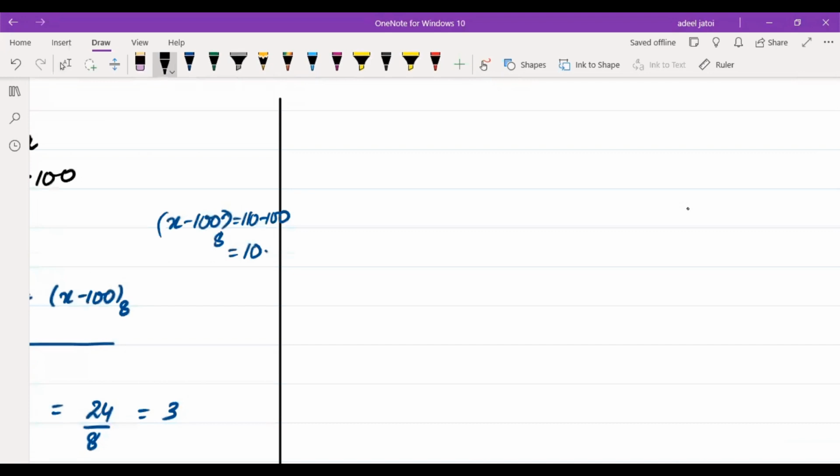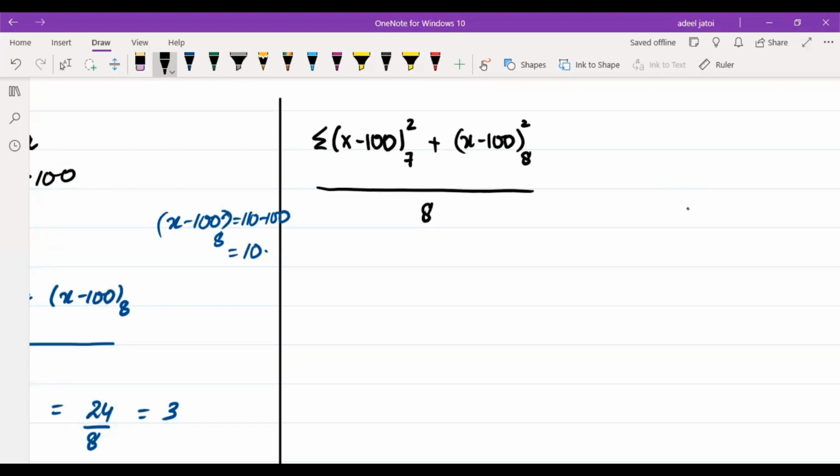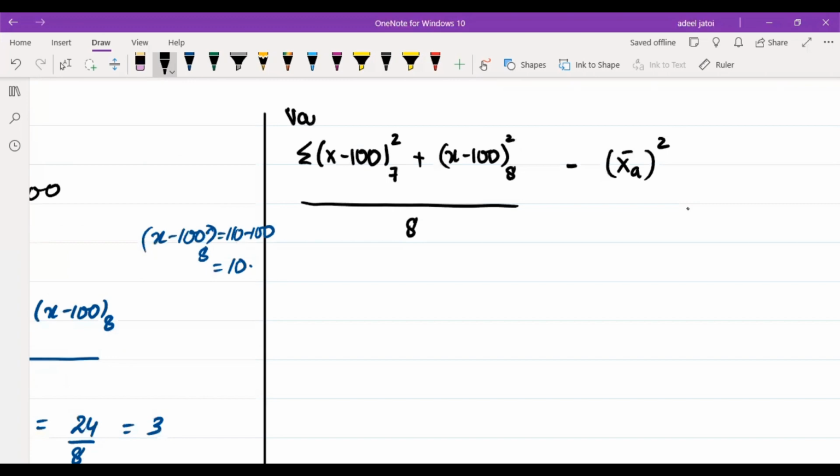Now let's calculate your variance and the standard deviation using the assumed data. Now if I say summation of x minus 100 whole square for 7 data plus x minus 100 square for the 8th, divided by 8 itself, minus assumed mean square, this will give me the variance.